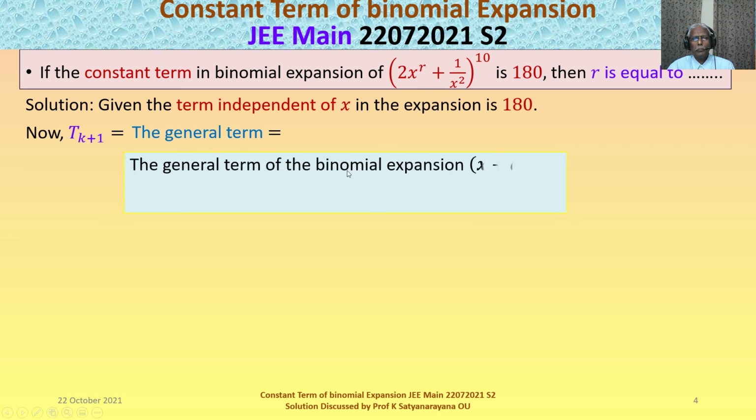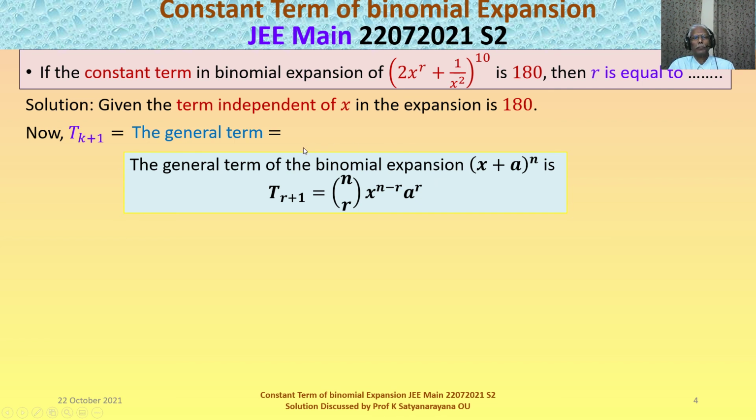The general term of the binomial expansion (x + a)^n is, we recall, T(r+1), the (r+1)th term, equal to nCr x^(n-r) a^r.